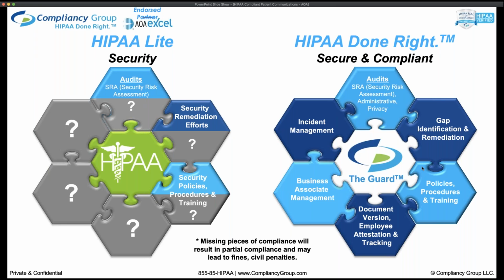What you then have to do is identify all your gaps in writing, and then remediate all those gaps. What we do see is about 25% of the gaps that exist are security related. What I mean by security is physical things: locks on doors, email encryption, firewalls for your office, that kind of thing.